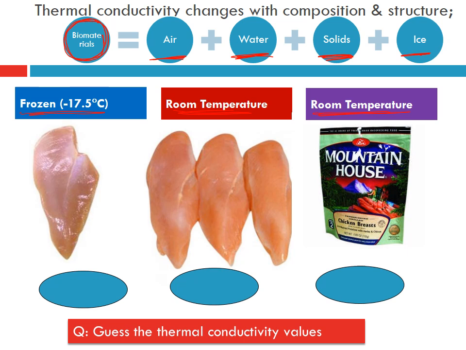So are they going to have the same thermal conductivity? So at this point, you should pause the video and take 2 minutes to think about it. For now, I will give the answers.